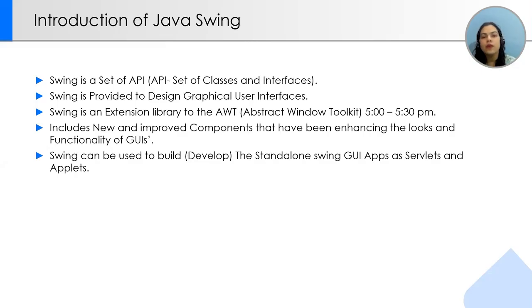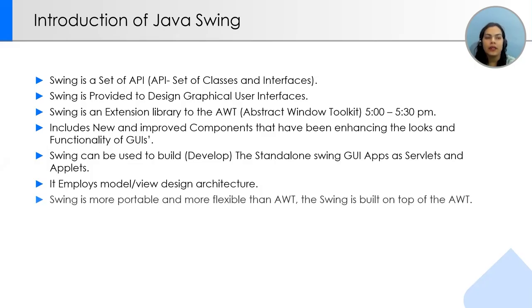The standalone Swing GUI apps are servlets and applets. Basically, the applet and servlet classes we have already discussed belong to the Java Swing class. Because these belong to Java, it is feasible to create web pages which are dynamic in nature. And it also employs a model design architecture.